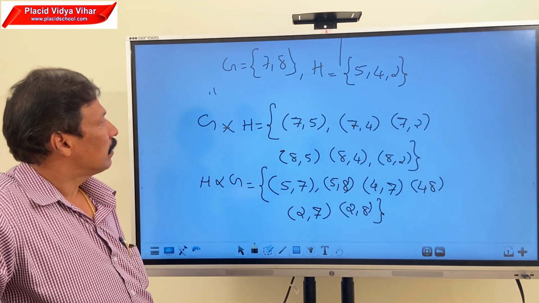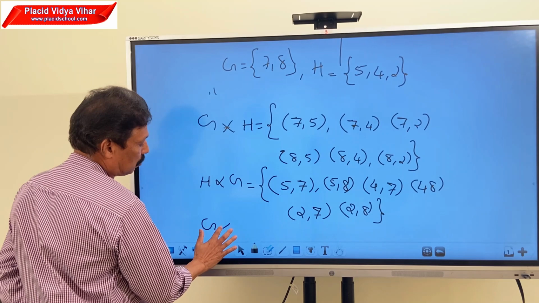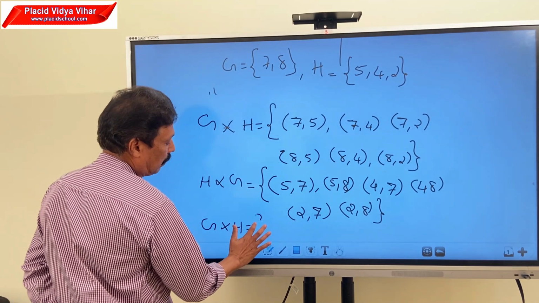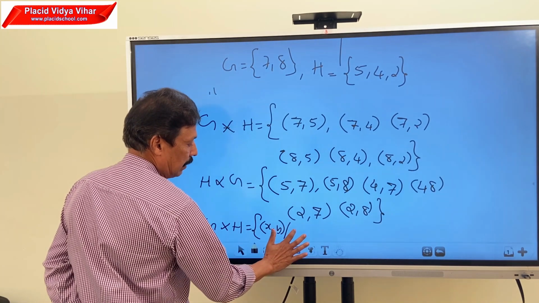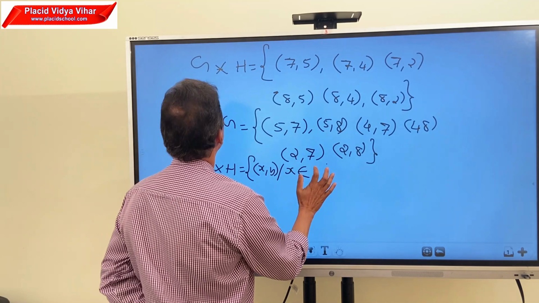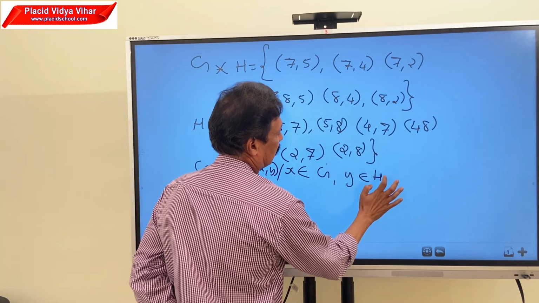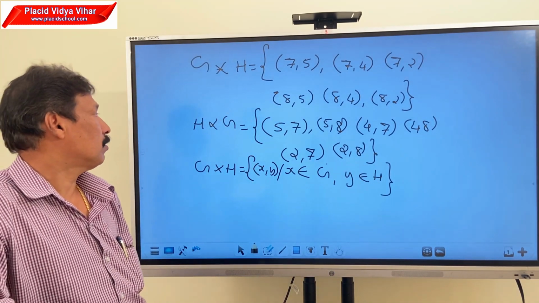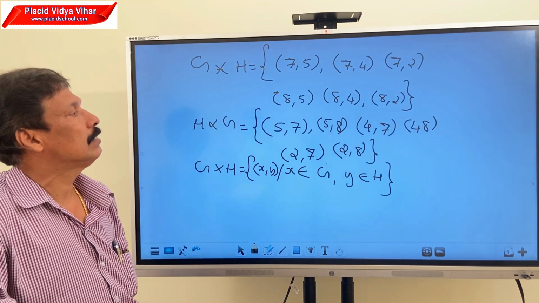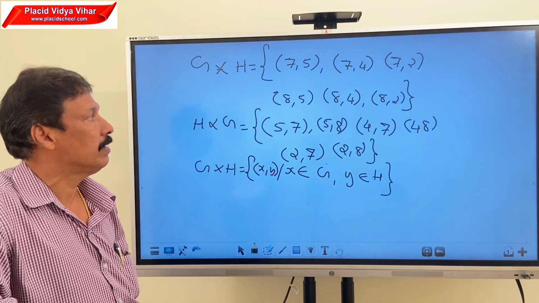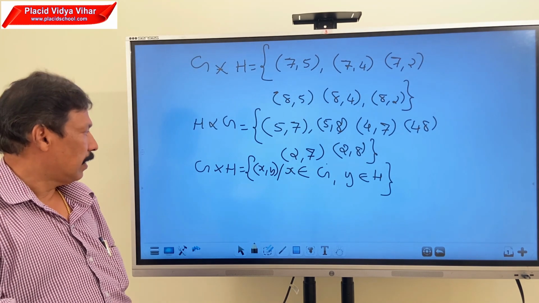Then we can convert it to set builder form or rule method, that is G cross H equals the set of all elements (x, y) such that x belongs to G and y belongs to H. That is the Cartesian product of G and H. Sometimes we can represent it in the roster form, that is, list all the ordered pairs and enclose them in set brackets separated by commas.